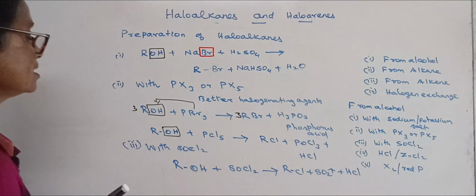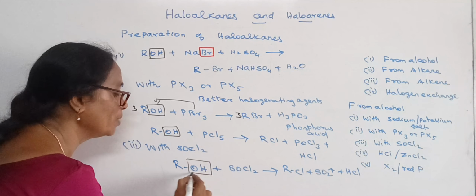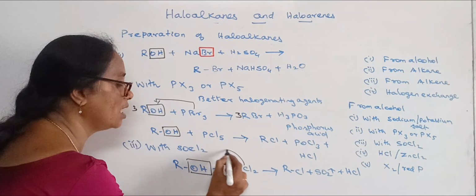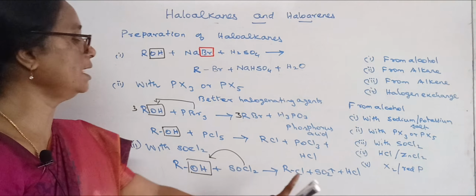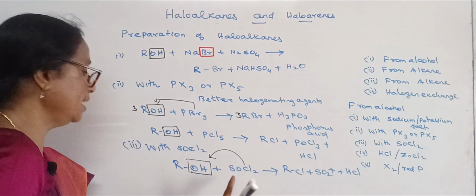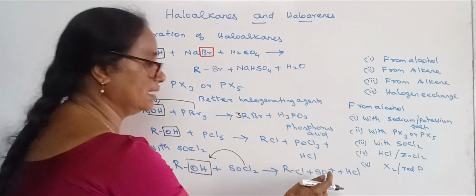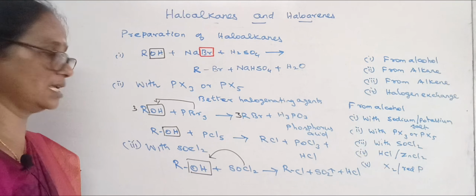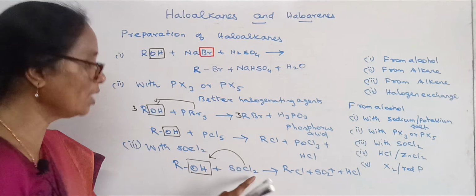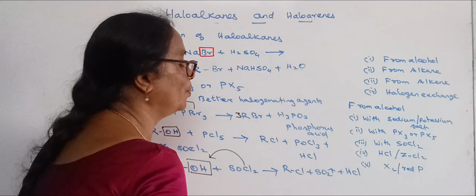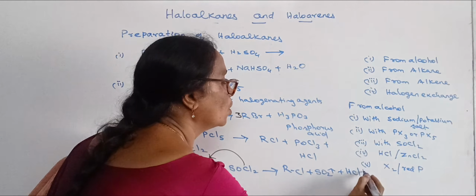So in this case the OH group is replaced by one chlorine. I am getting RCl, and the oxygen is liberated as sulfur dioxide, and the hydrogen with one more chlorine is also liberated as hydrogen chloride gas.